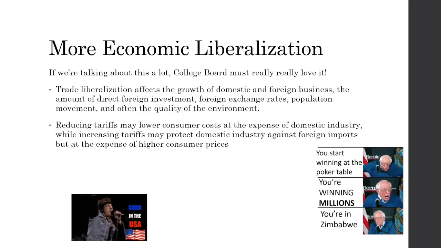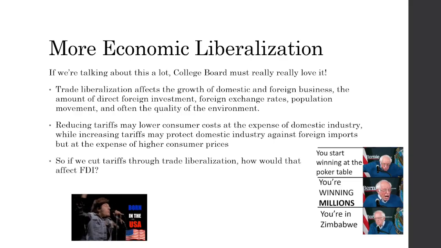And this comes at the expense of those local domestic industries. Increasing tariffs may protect domestic industry and provide jobs and profits to local businesses against foreign imports, but it is at the expense of higher consumer prices most of the time.